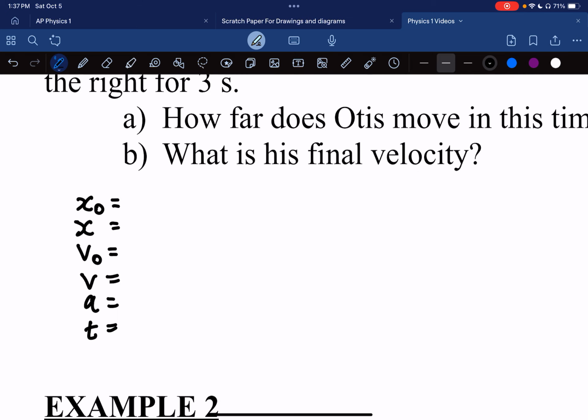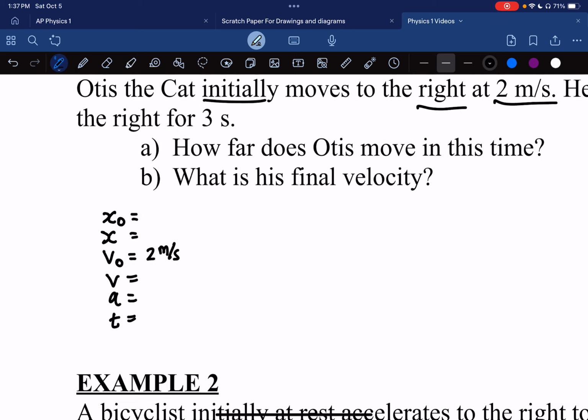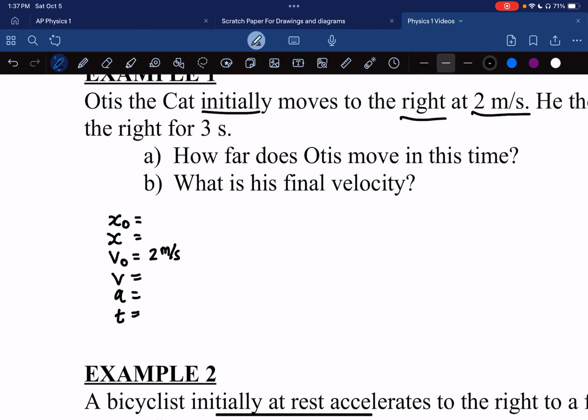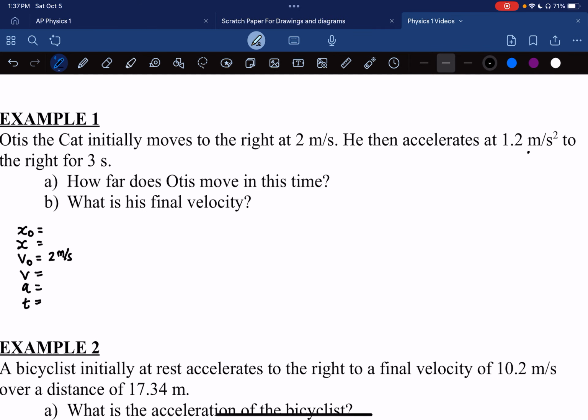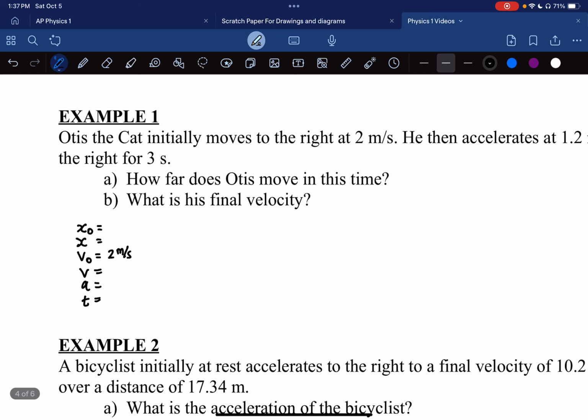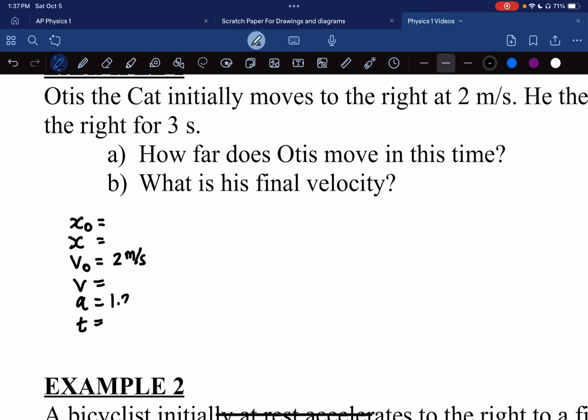We're going to say 2 meters per second. The number should be positive. That's to go with the direction right. Okay. So he then accelerates. Now, if you look at those units, there's only one place this number can go. This is an acceleration, 1.2 meters per second squared. And the cat does so for 3 seconds.